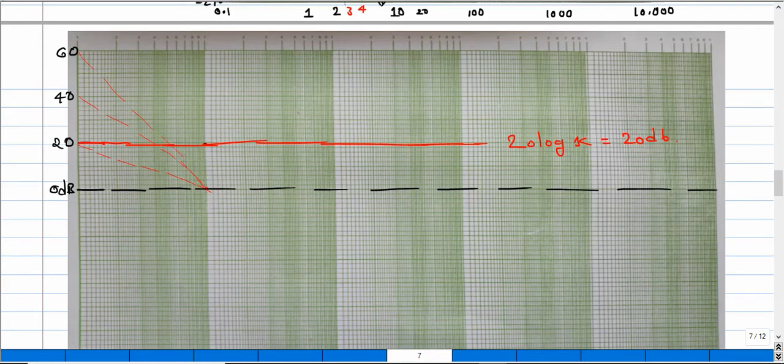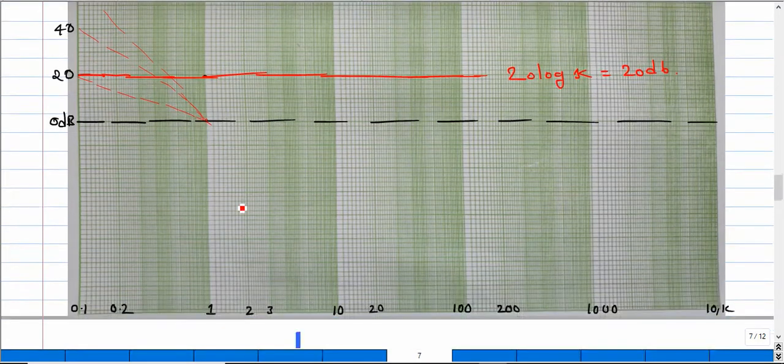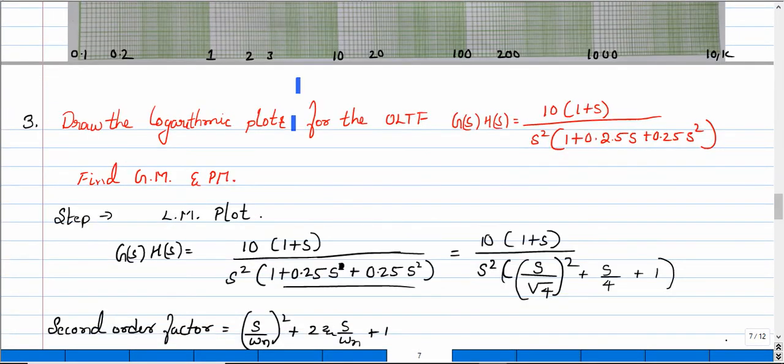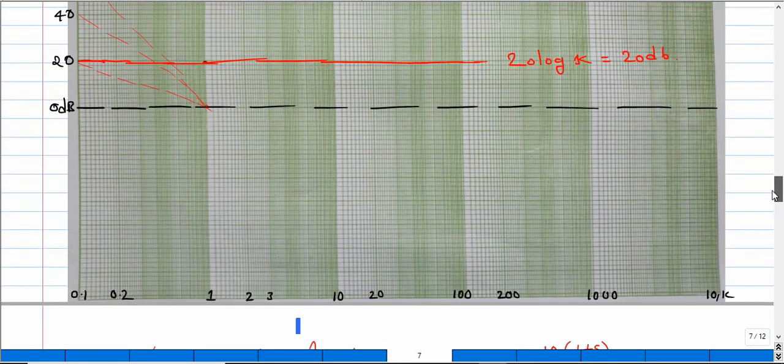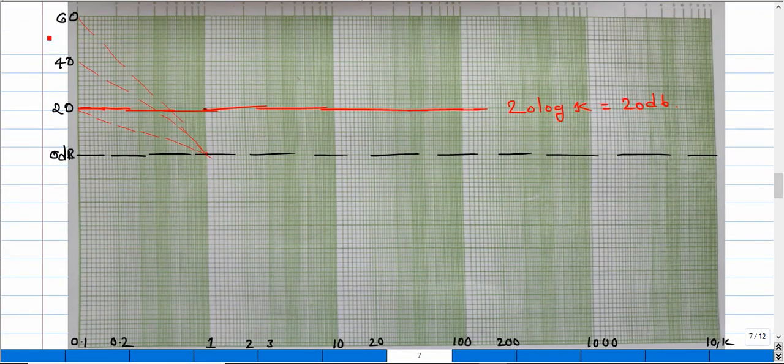Now we shall draw the slope starting from 1 by s square, that is minus 40, from 0.1 to 1. Let me take a thick marker. We take this point as a reference point, and we will draw a slope parallel to this 40, from here till 1 rps.